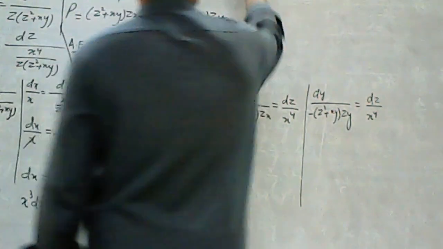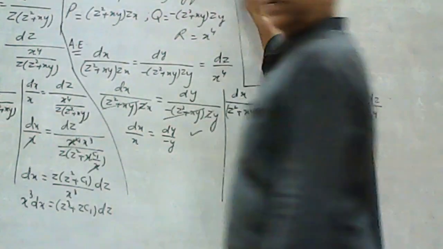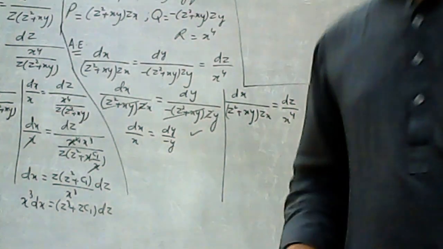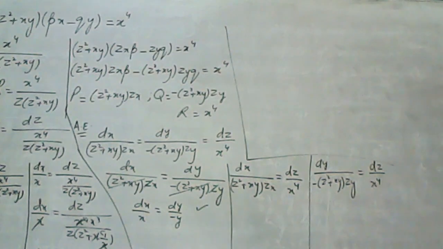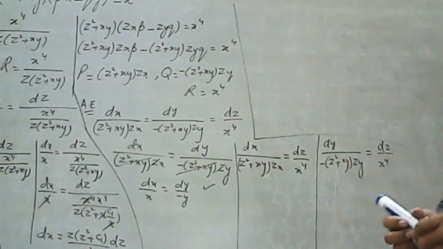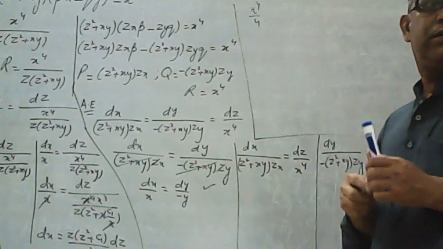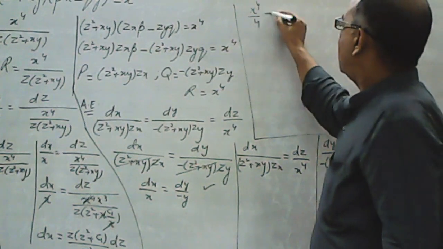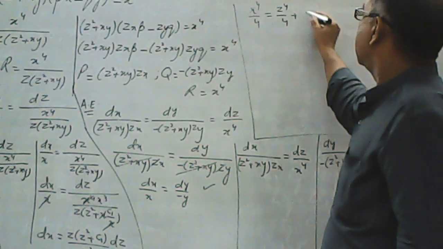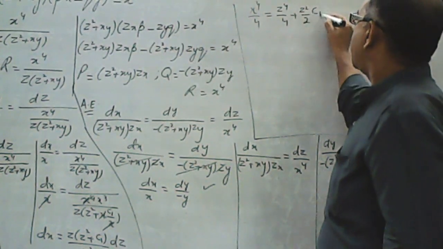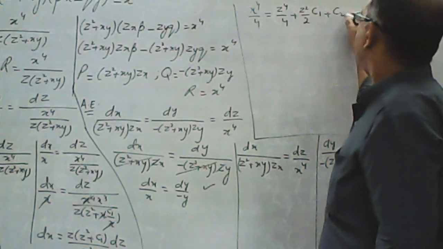So on integration, I will have x power 4 upon 4 equal to z power 4 upon 4 plus z square by 2 c1 plus c2.